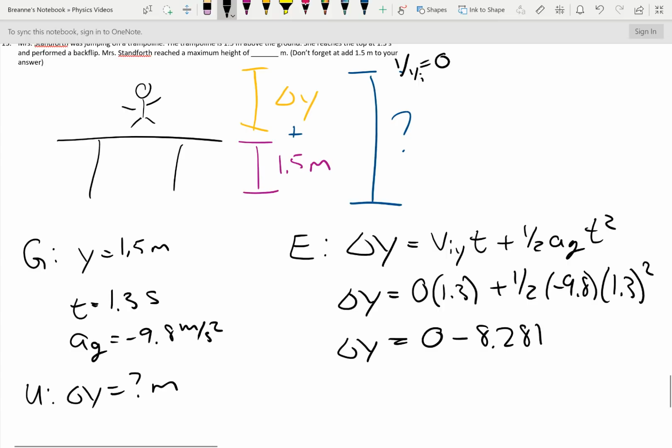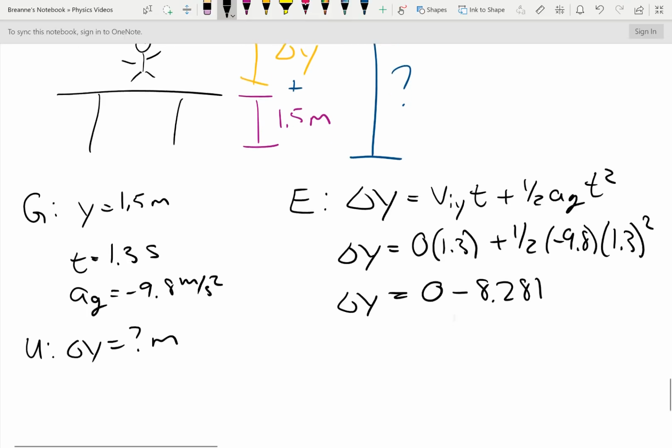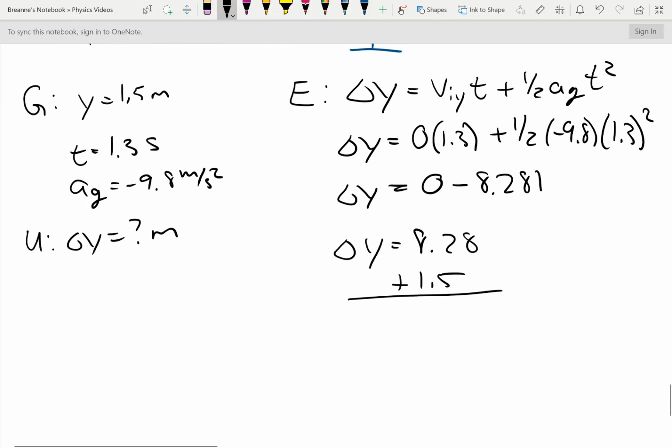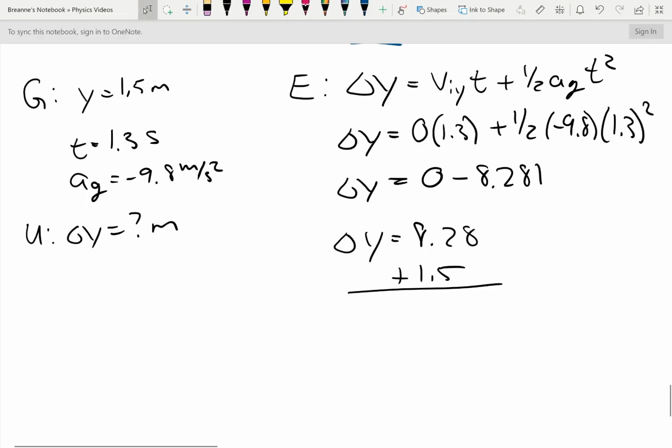So your delta y ends up being 8.28. We're going to add the 1.5 there. So the whole entire height from ground to top is 9.78 meters. And that becomes your answer.